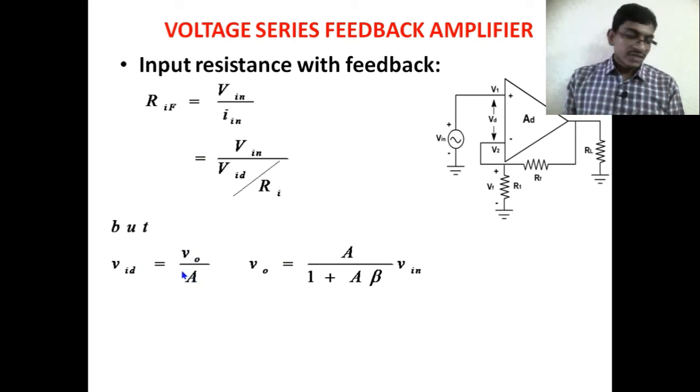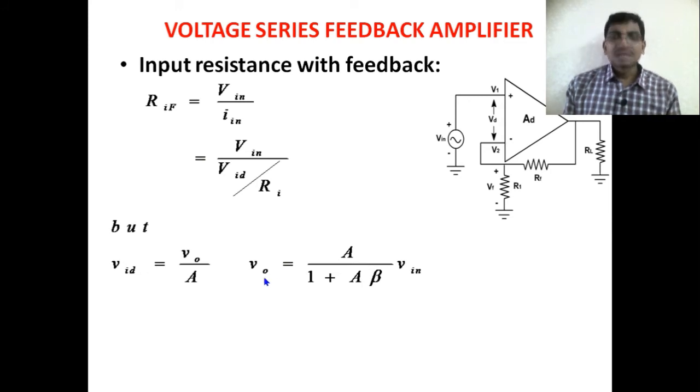From that equation we can write VD or VID is equal to V0 divided by A. And for the closed loop operational amplifier, the output voltage can be written as V0 equal to the closed loop gain into the input voltage. V0 divided by VIN is nothing but the closed loop gain.